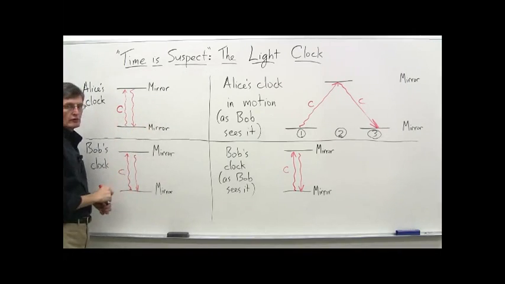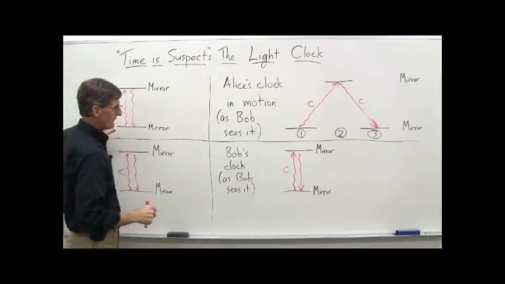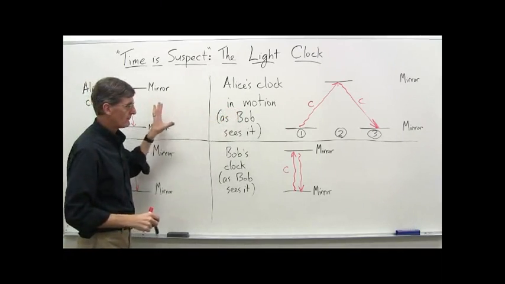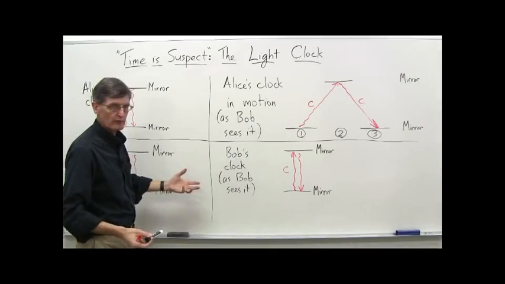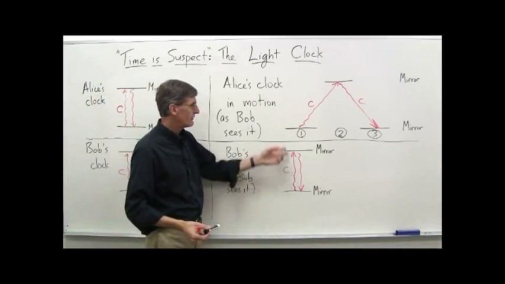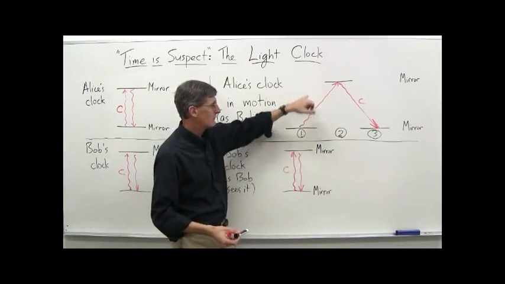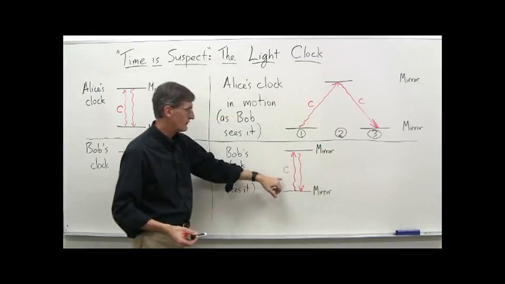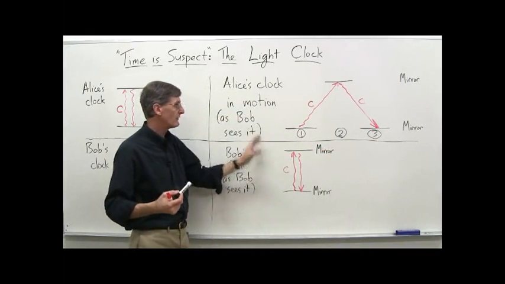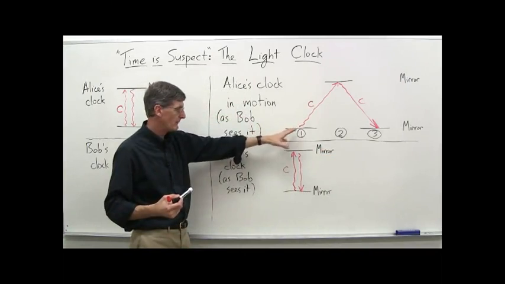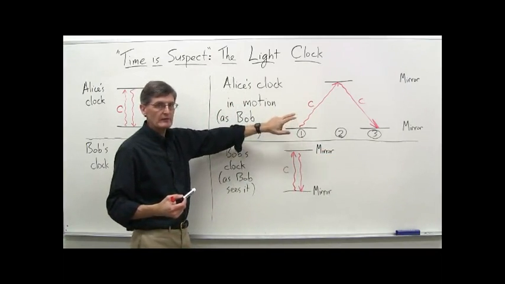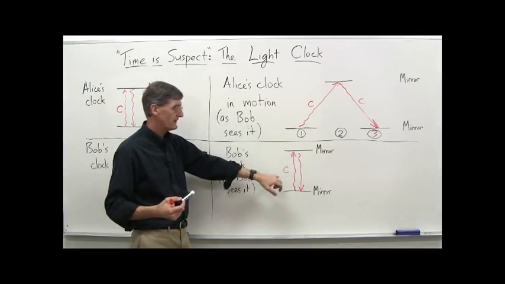As soon as Alice goes in motion and is passing by Bob at some velocity v, and Bob is observing her light clock, he sees her light travel a different path, a longer path to get from bottom to top and bottom again versus his light clock. So now that she's moving past him at velocity v, her light clock is ticking more slowly than his light clock.